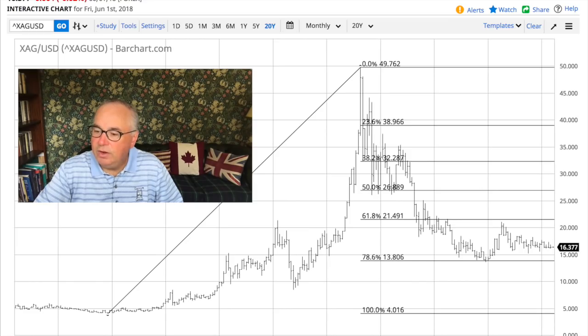We haven't really breached any important levels. Looks like the last few months the support has been just above 16, so it's holding 16. We haven't traded below 16 this year so far, so that's silver.